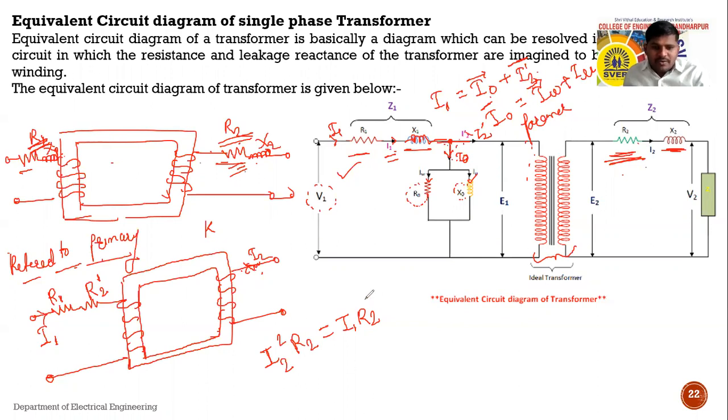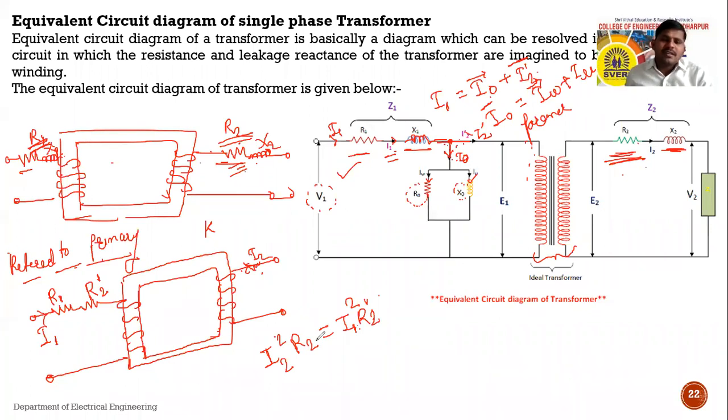See, R2 dash. So these losses, I1 square into R2 dash, will be equal. While transferring any value, that is resistance value, reactance value, as well as impedance value, the copper loss at this moment remains constant.